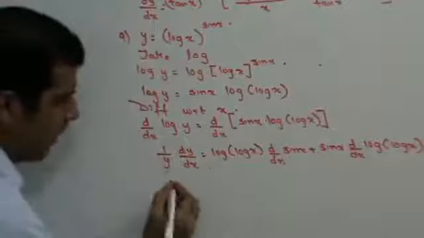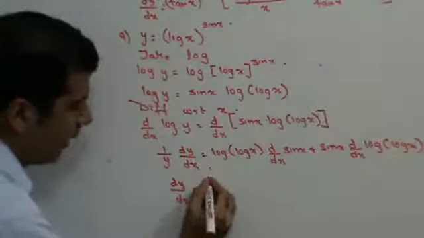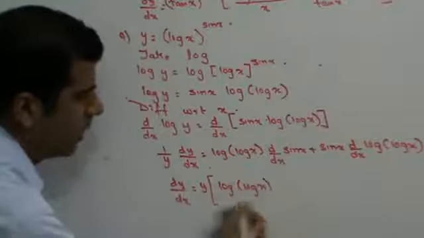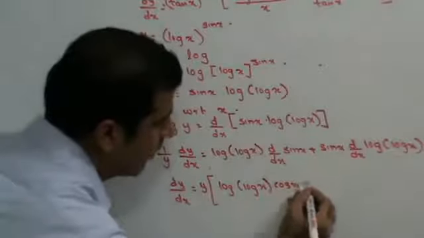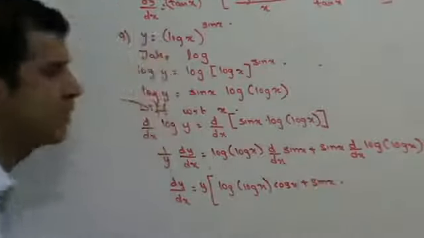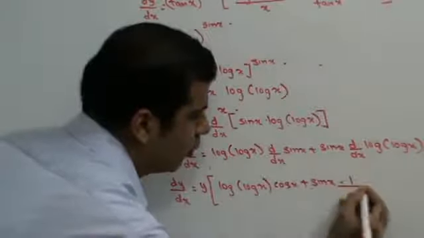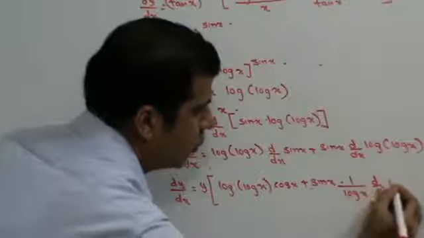Fine. Take y on the other side, so dy by dx is equal to y goes on the other side, log of log x. D by dx of sin x is cos x, plus sin x, d by dx of log u is 1 upon u d by dx of u.